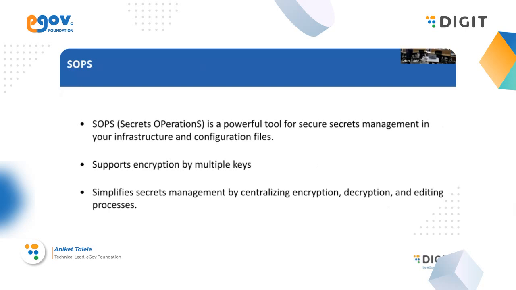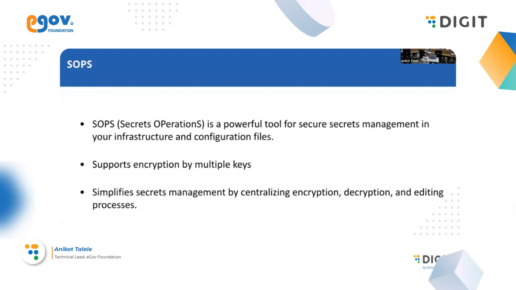So there are two files in that. One is environment.yaml and the second one is environment secrets.yaml. So environment secrets.yaml will have the values which are sensitive, like your DB username, passwords, your Git SSH key.